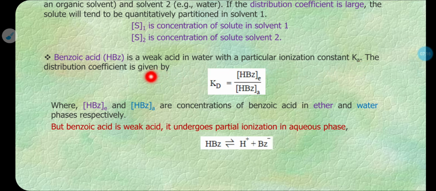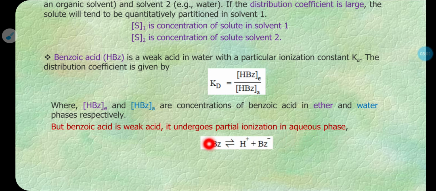Then the distribution coefficient for benzoic acid is given by the equation Kd equals the concentration of benzoic acid in ether, where E stands for ether, the organic layer, divided by the concentration of benzoic acid in aqueous. HBzE and HBzA are the concentrations of benzoic acid in the organic and aqueous phases, A for aqueous and E for ether. But benzoic acid is a weak acid and undergoes partial ionization in the aqueous phase.